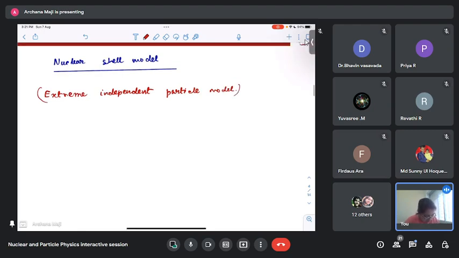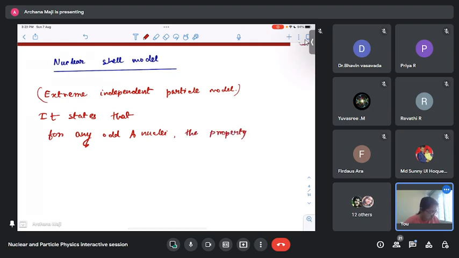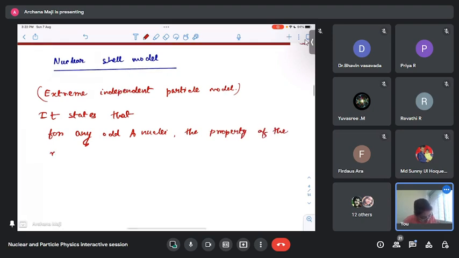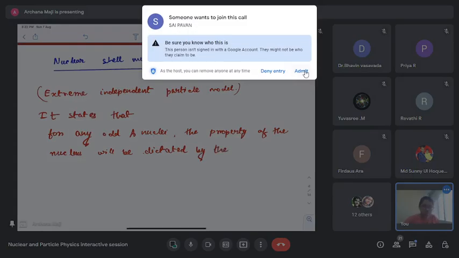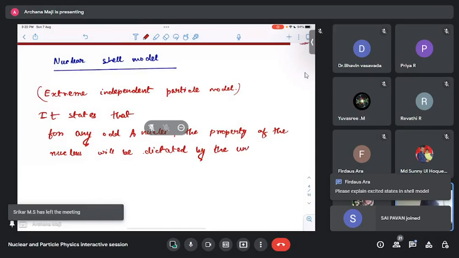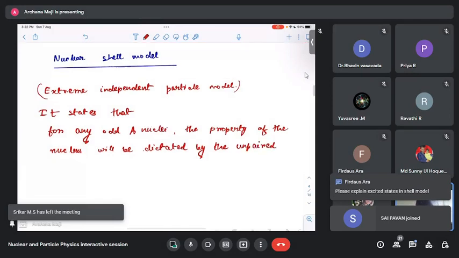So what it states is that for any odd A nuclei, the property of the nucleus will be dictated by the unpaired nucleon.